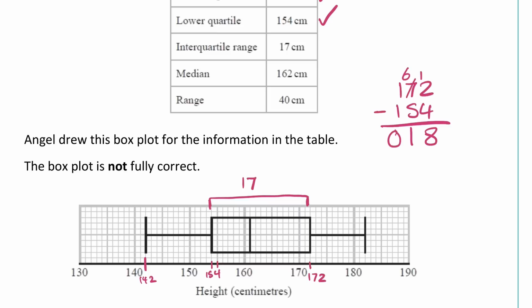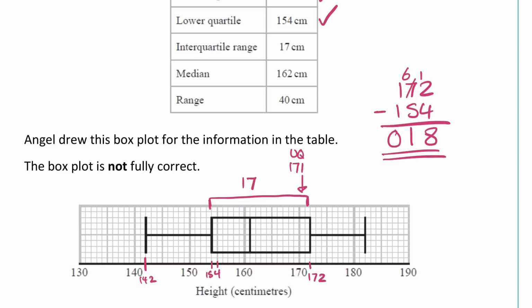So actually no, the interquartile range is 18. Right, so let's keep going. So actually what does that mean? The upper quartile should have been on 171. So that there should be 171 for the upper quartile. Right, there we go. That was one of our first issues.